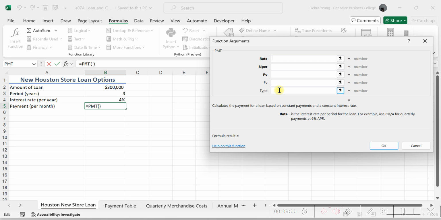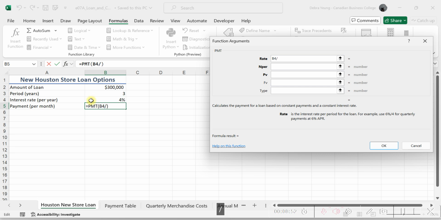So let's click in the Rate box. Because the interest rate is annual and the payments are monthly, we have to click on cell B4 and divide it by 12.